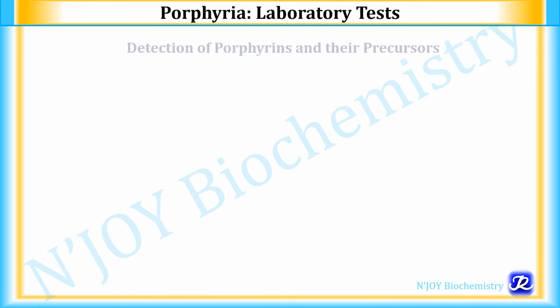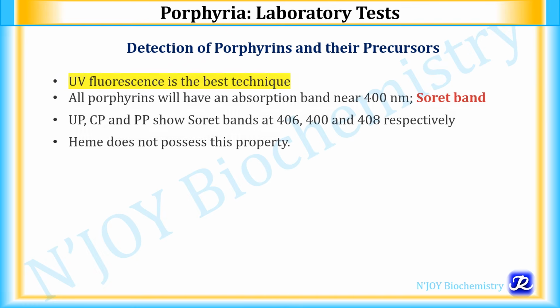Laboratory tests of porphyria include detection of porphyrins and their precursors. UV fluorescence is the best technique, and all porphyrins have an absorption band near 400 nanometer wavelength. It is called the Soret band. Uroporphyrin, coproporphyrin, and protoporphyrin show Soret bands at 406, 400 and 408 nanometers respectively, and heme does not possess this property.